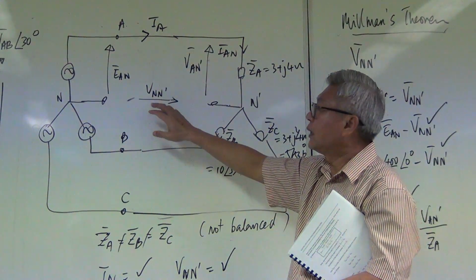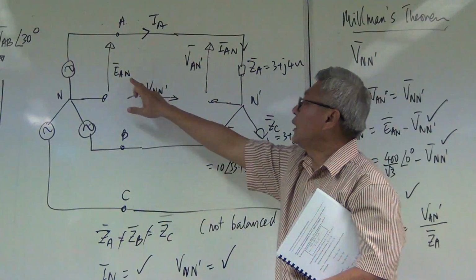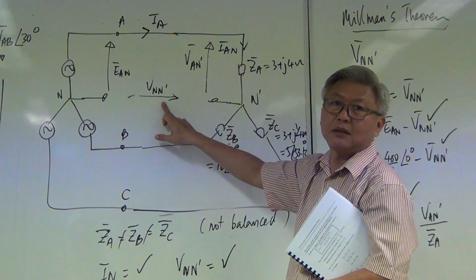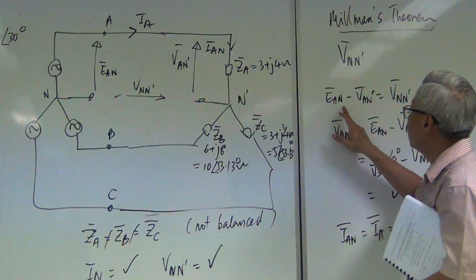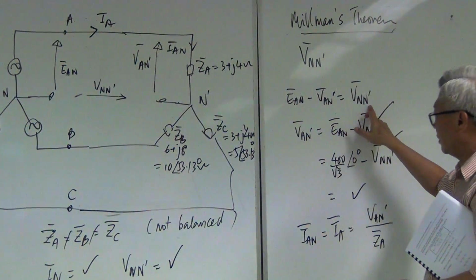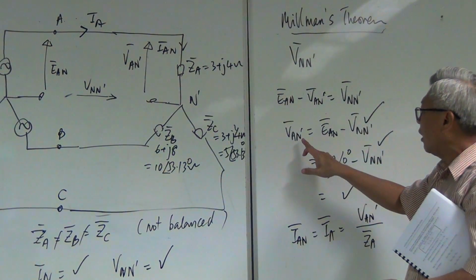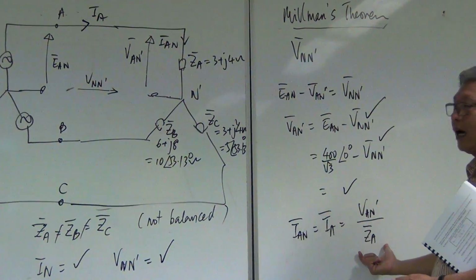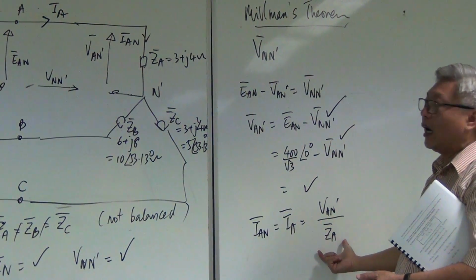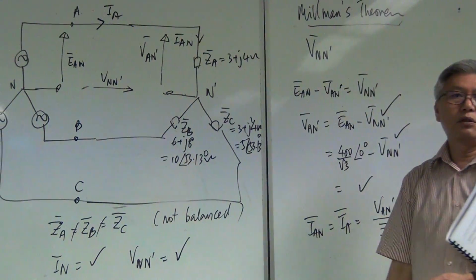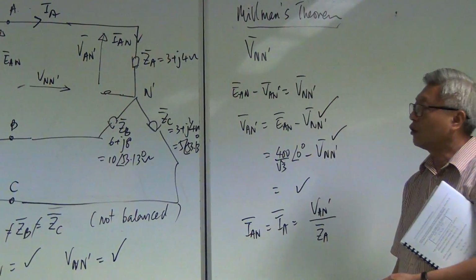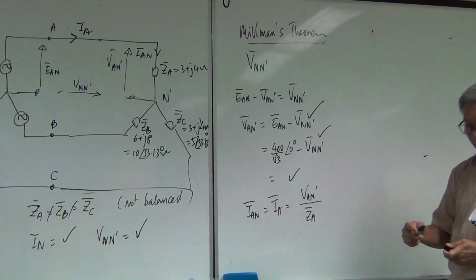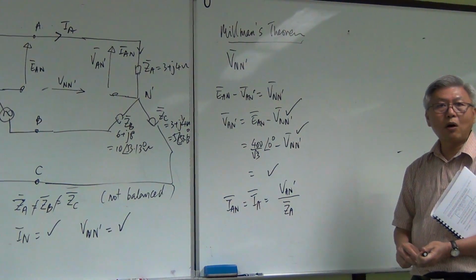Then use Kirchhoff's voltage law to say EAN minus this equals this. With that, we can find out this one, and then we use Ohm's law to find our IA. And we repeat this process to find IB and IC. It's a little bit complicated, but it can be done. So that's called Millman's theorem.